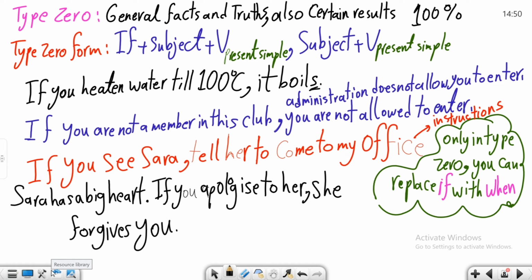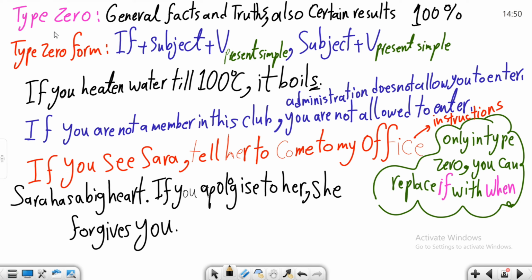She doesn't say that generally because this is what she is. In here, my friends, we use type 0 when we are sure 100% that the result will happen if the condition happens.